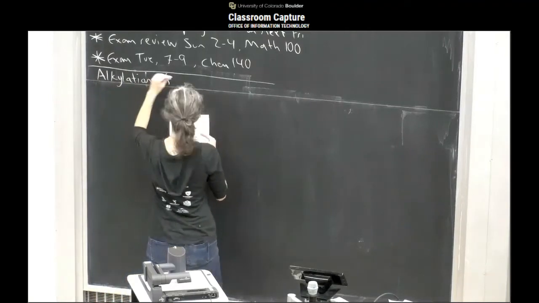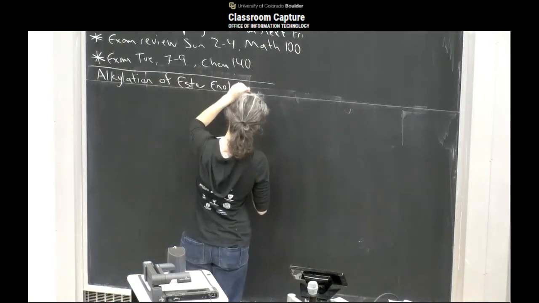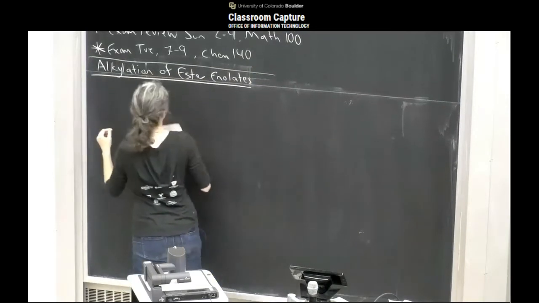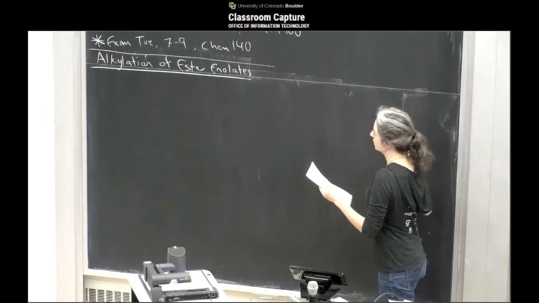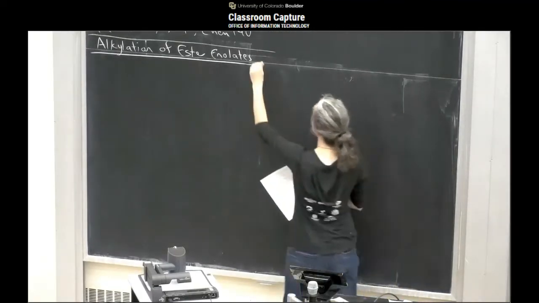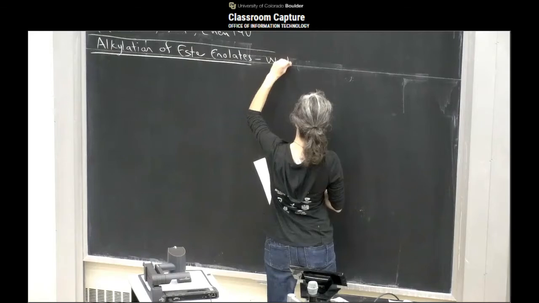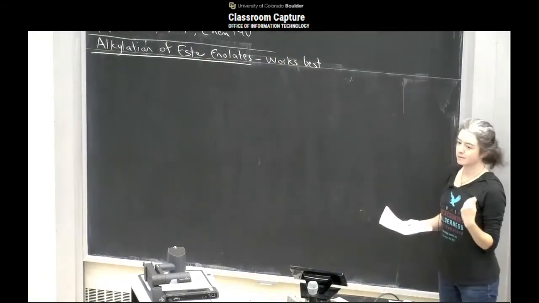So, alkylation of ester enolates. This is traditionally done on the carbonyls that are the easiest to deprotonate.